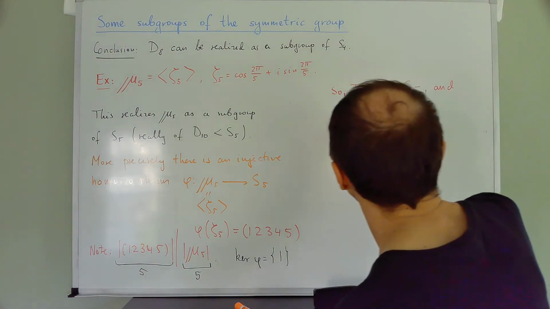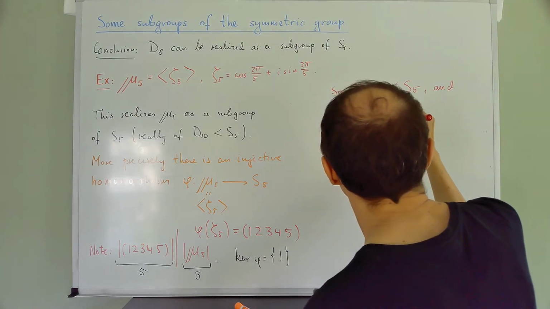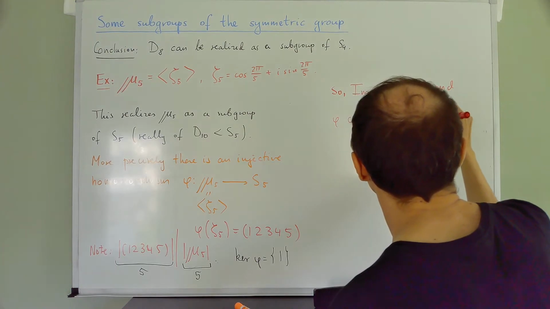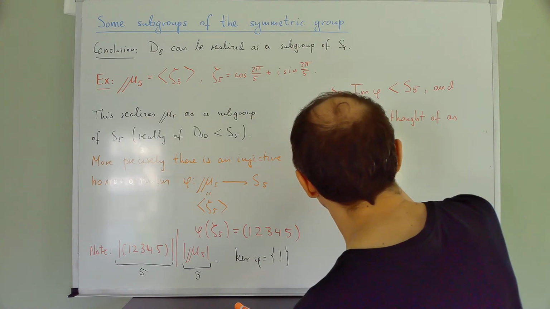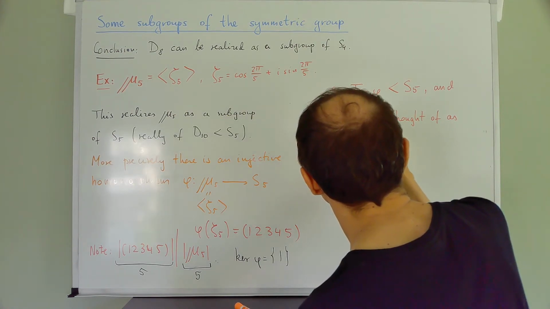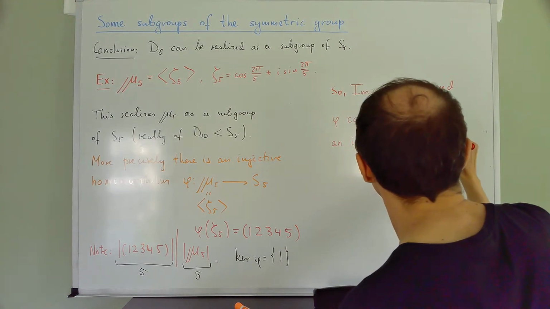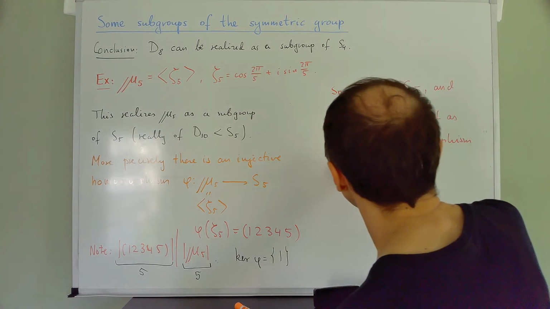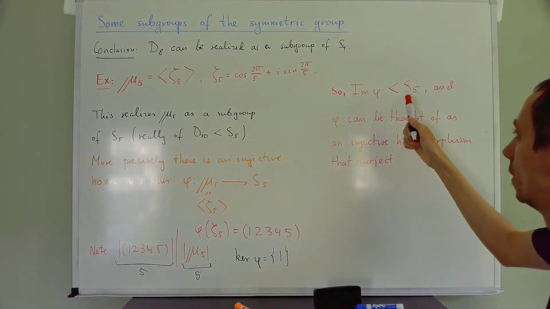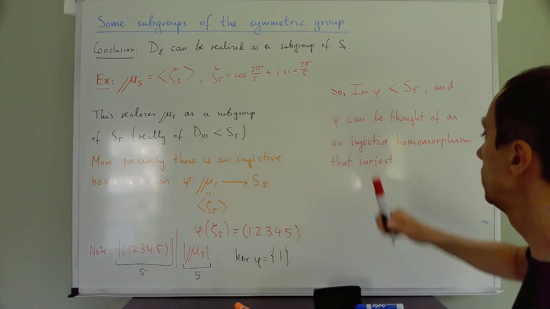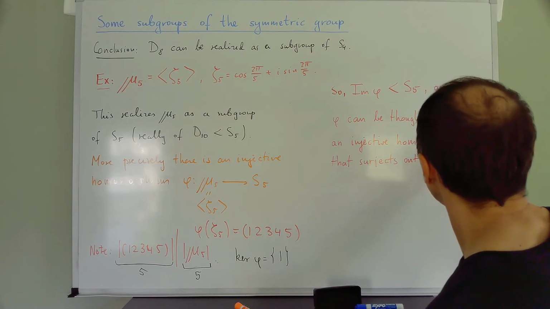And phi can be thought of as an injective homomorphism that surjects. Well, it doesn't surject onto S5. The order of this is 120, and the order of the image is only 5, but it surjects onto the image.